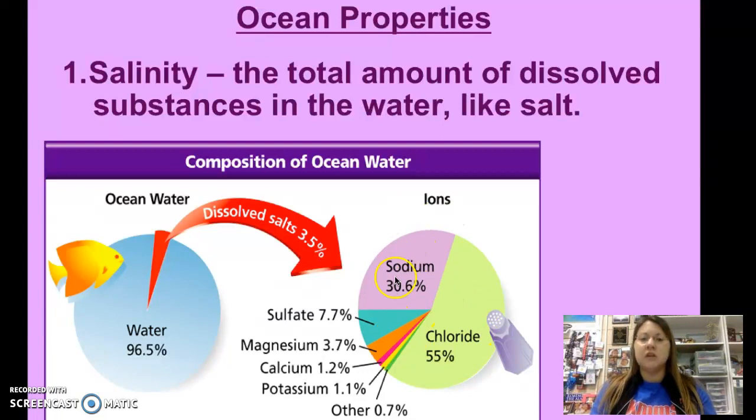These are the particular elements involved in those different salts. The majority of the salt in ocean water is going to be made of two elements, sodium and chlorine. This is listed as chloride because sodium and chlorine combine to make sodium chloride, which is NaCl. That's the primary compound in ocean water.